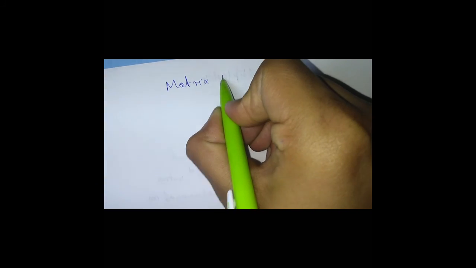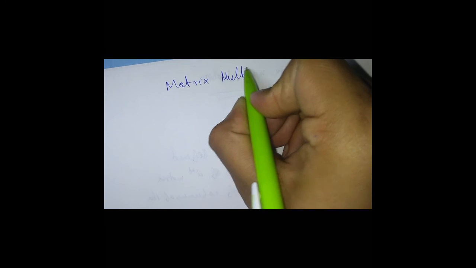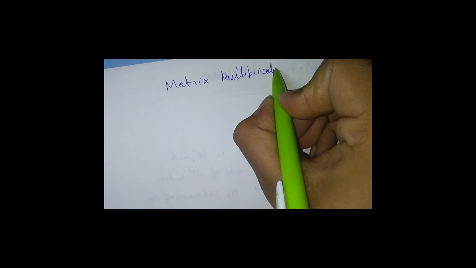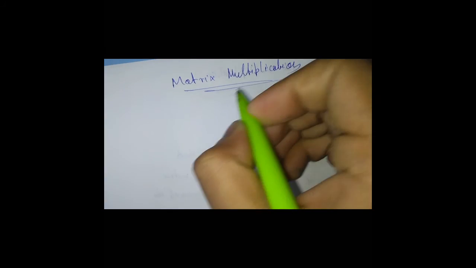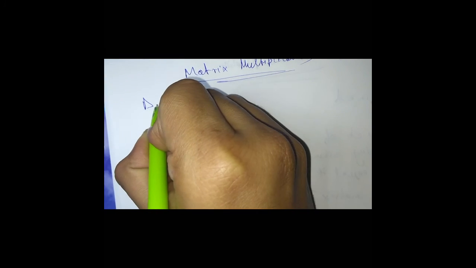So now we'll talk about multiplication of one matrix with another. But when is this multiplication defined?